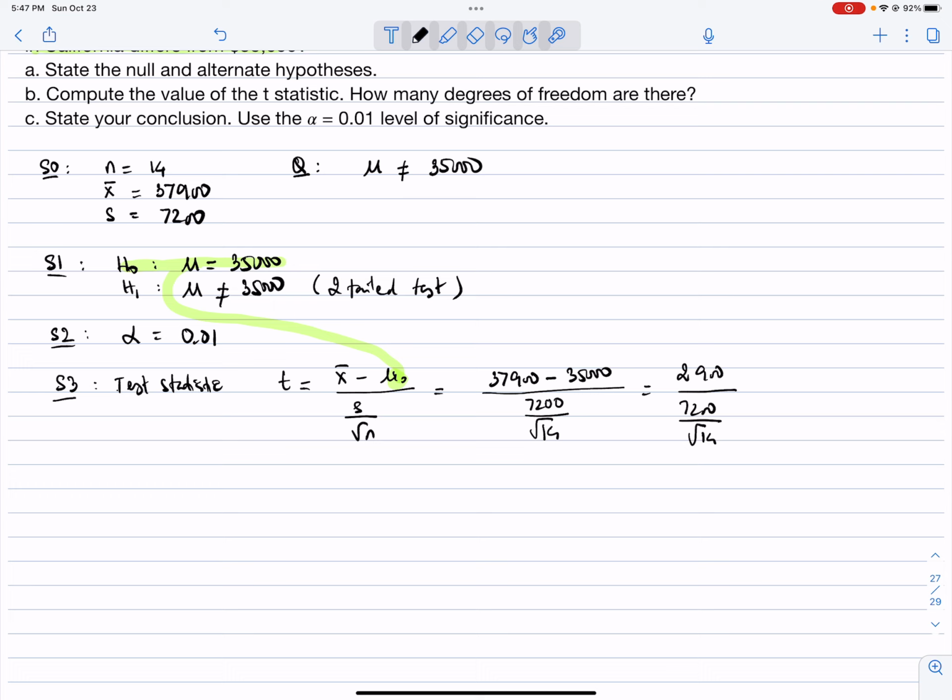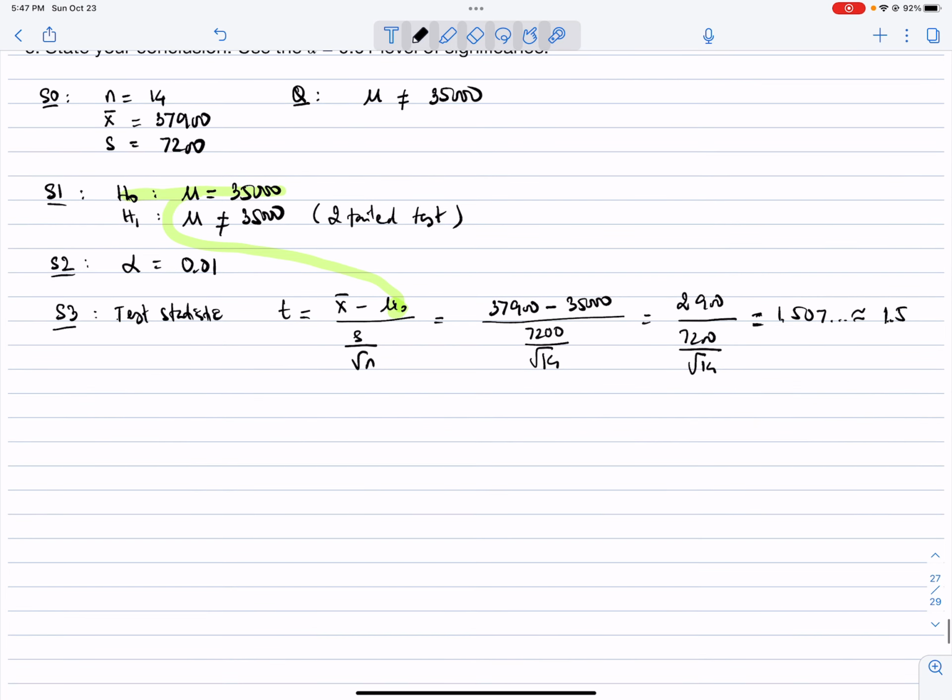And we will get 1.507 and so on. For the t, we will take 2 decimal places, and it depends on the test problem. They will ask you how many places that we should round. Okay, so in this case we can do 2 or 1.